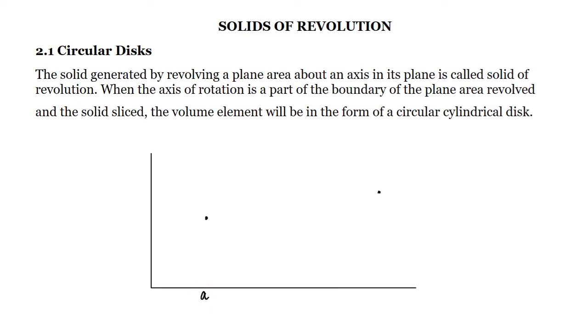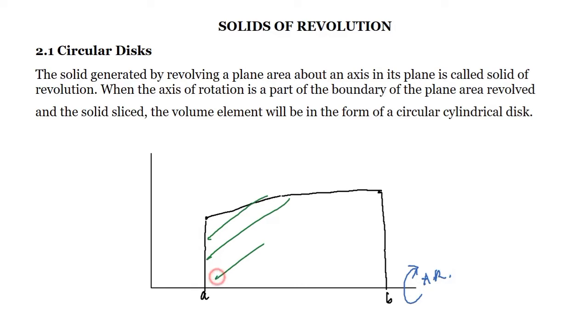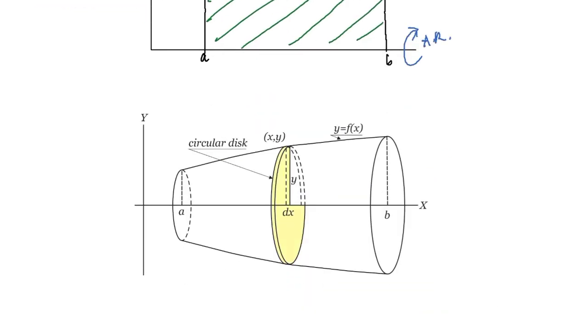So this is our A and this is our B. Now, if this is not a straight line per se, kapag ang figure na to ay pinaikot natin about the x-axis, we can consider our x-axis as the axis of revolution. So if we are going to imagine ano yung magiging itsura nito kapag itong area na to ay pinaikot natin with respect to the x-axis, ang mabubuong figure will be this one.